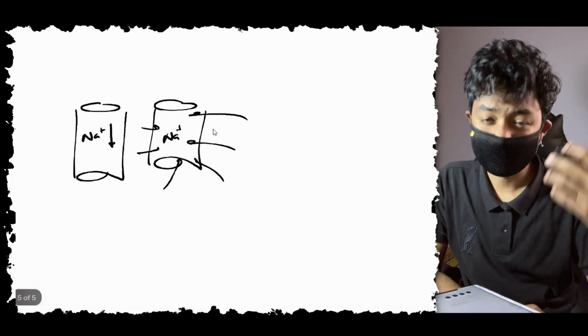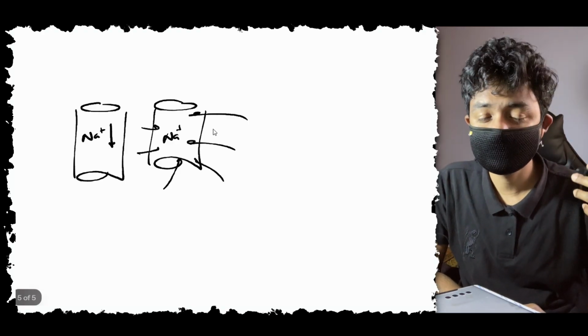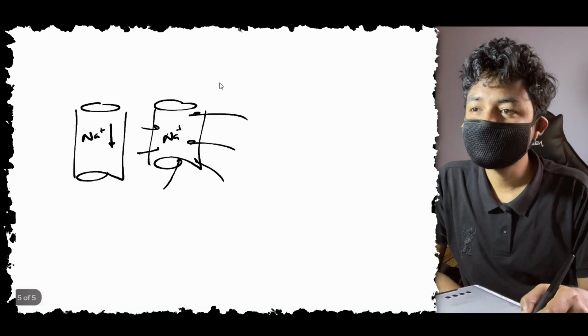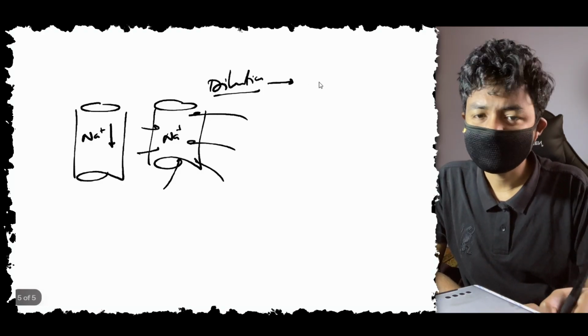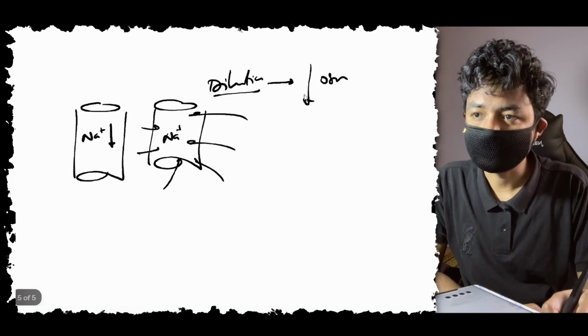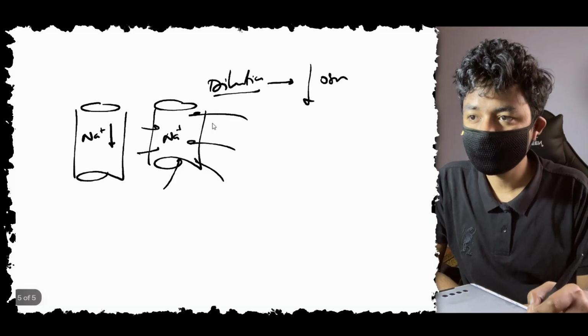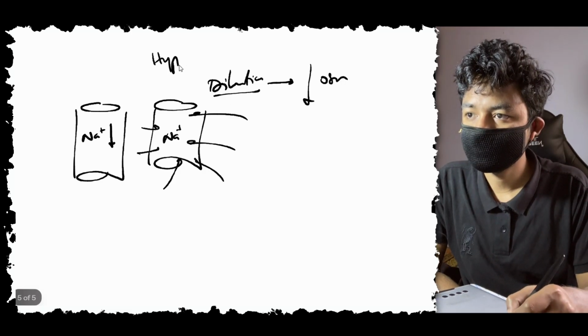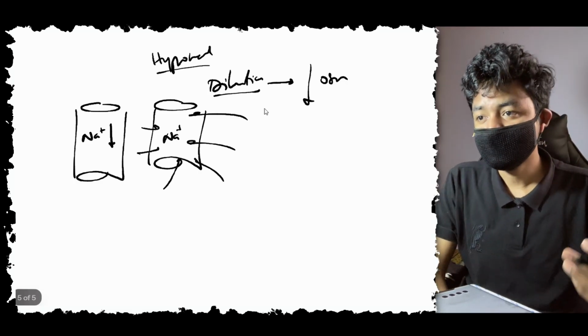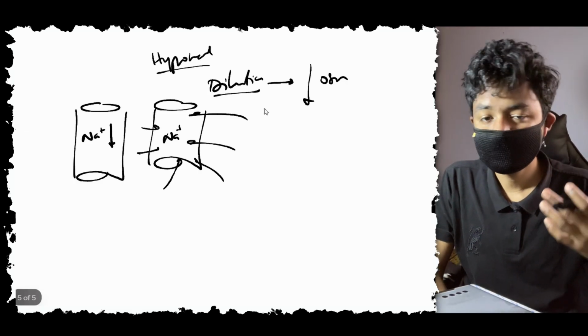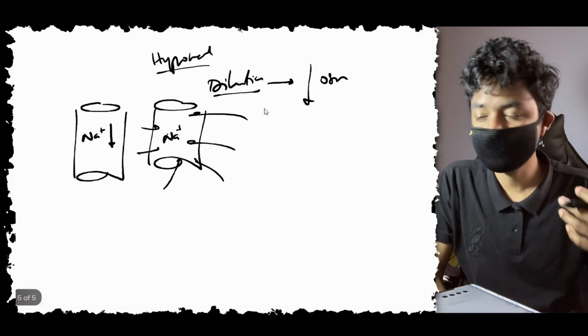Let's suppose you have drunk too much water, now too much water is inside your plasma, that means there is dilution. Dilution again means osmolality will decrease. So because of this dilution also there can be hyponatremia, because of excessive fluid intake or excessive fluid entering into the extracellular volume like blood vessel and plasma.